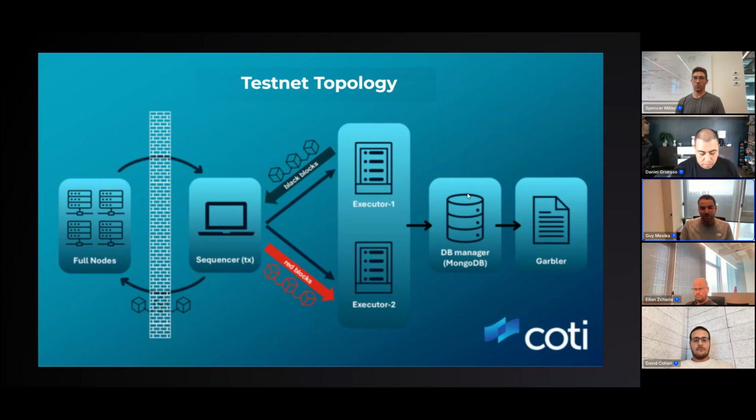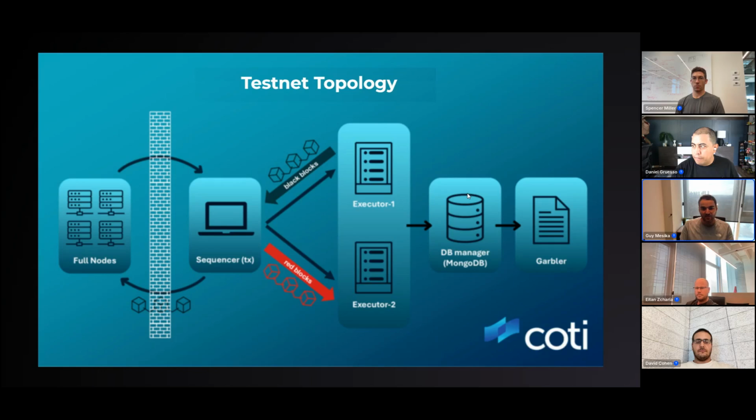So the sequencer will basically generate something we call a red block. A red block is basically a block that contains the data. Because we are talking about private data, it contains the data that was prepared by the user, by the wallet, encrypted with his AES key.